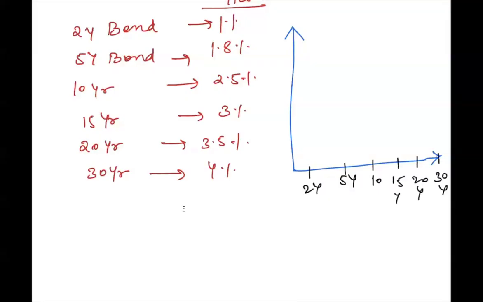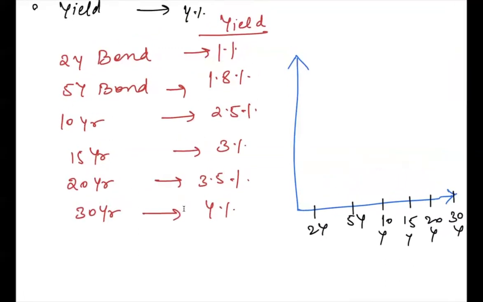Similarly, let's plot the yield also, which is 1% here, 1.8% here, 2.5% here, 3% here, 3.5% here, and 4% here. I'm just plotting.